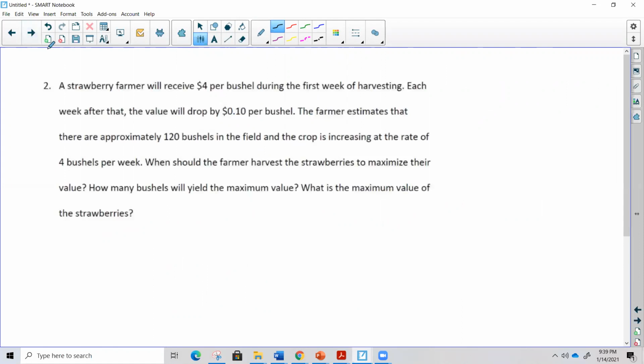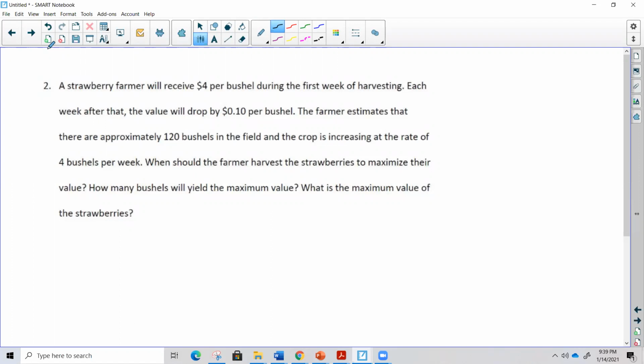So then the next example I'm going to do is number 2 from the packet, which is on page 21. And this is kind of the second way you could set up these problems. So this one says a strawberry farmer will receive $4 per bushel during the first week of harvesting. Each week after that, the value will drop by 10 cents per bushel.